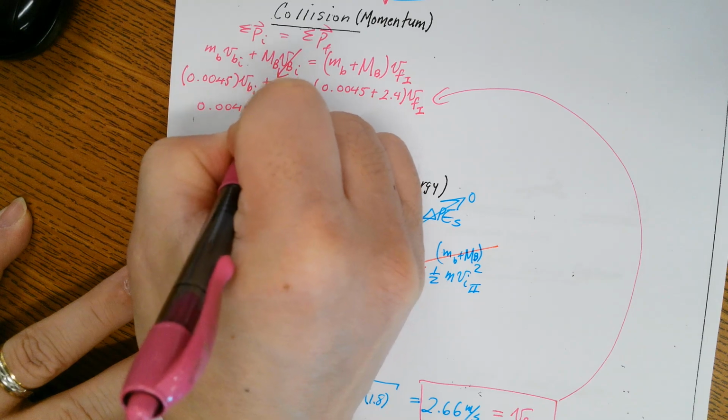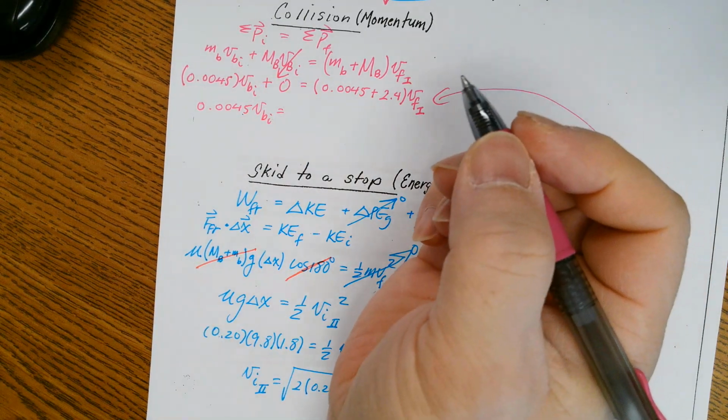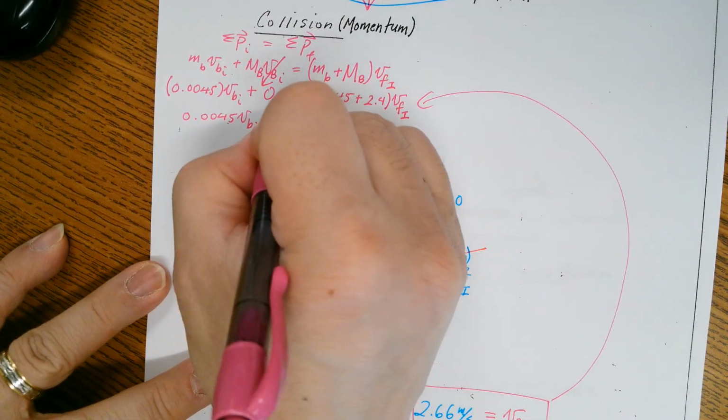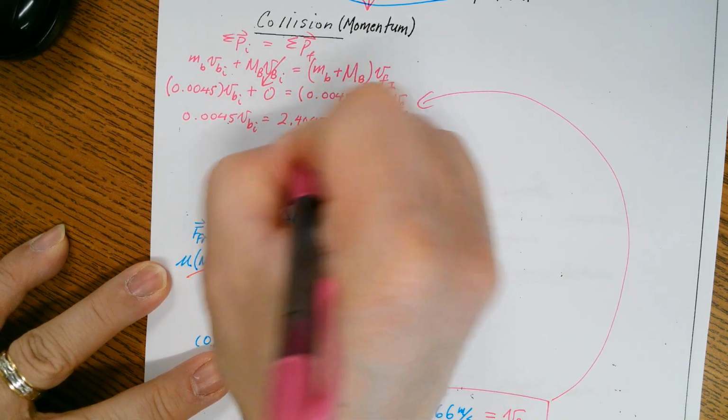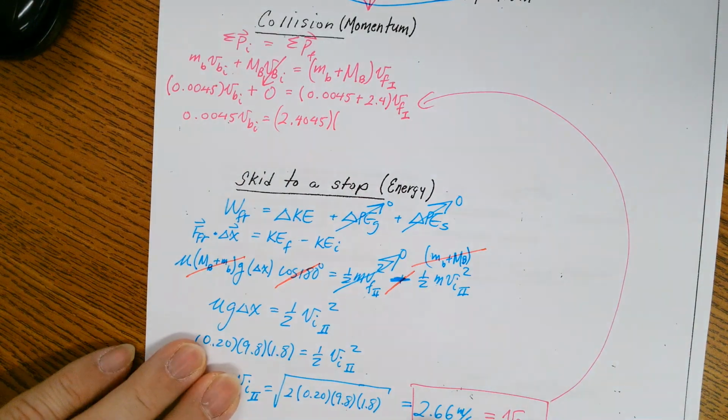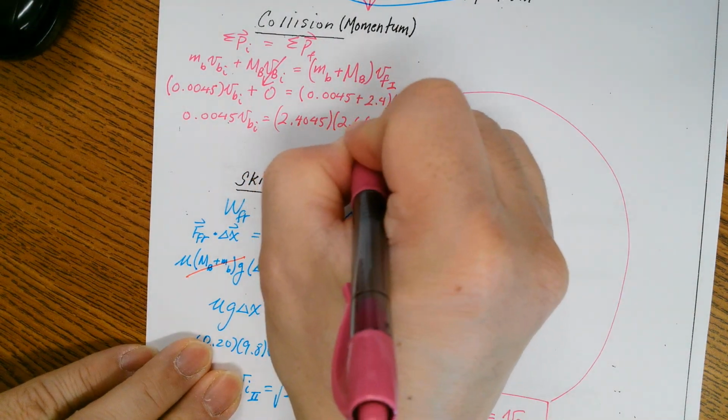So here we can say 0.0045 VB initial is equal to 2.4045 times 2.66.